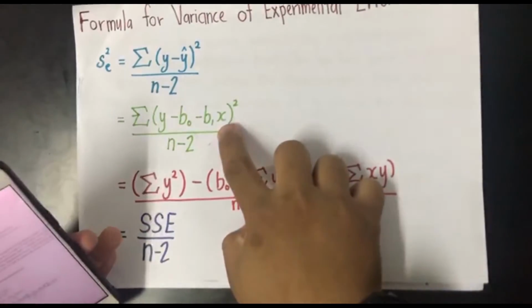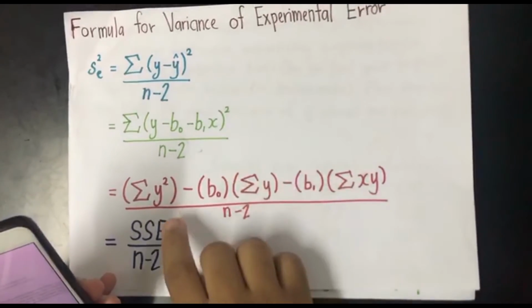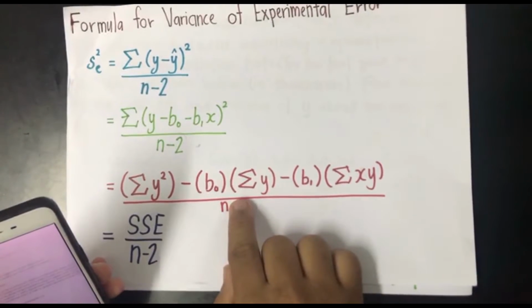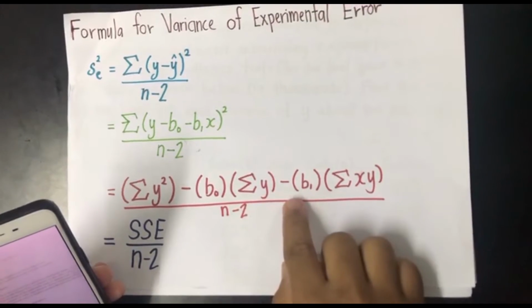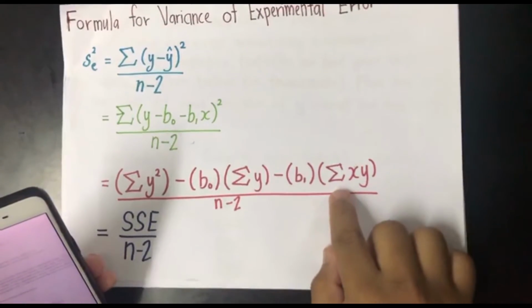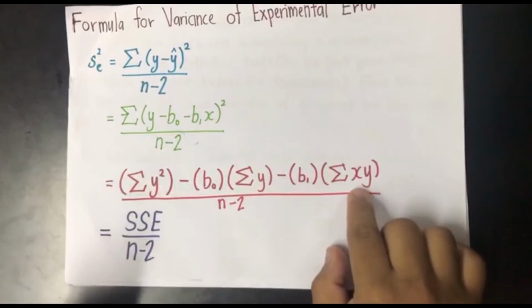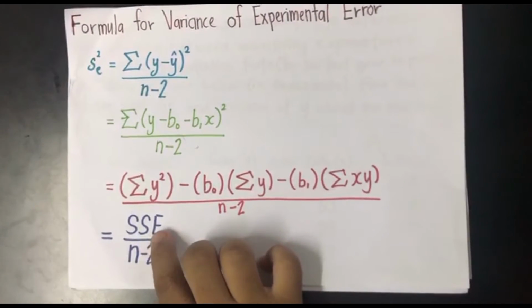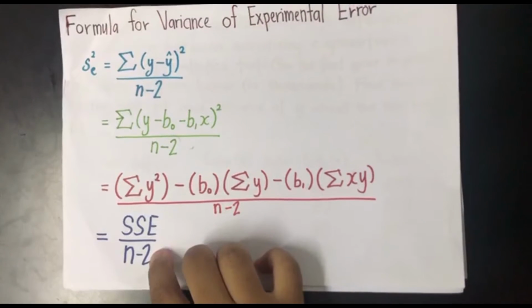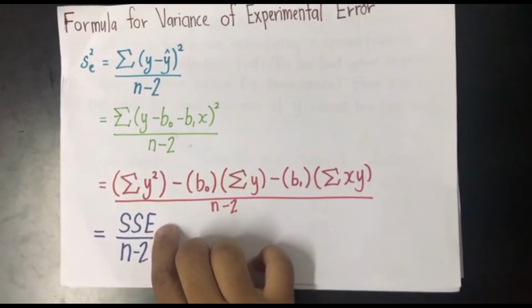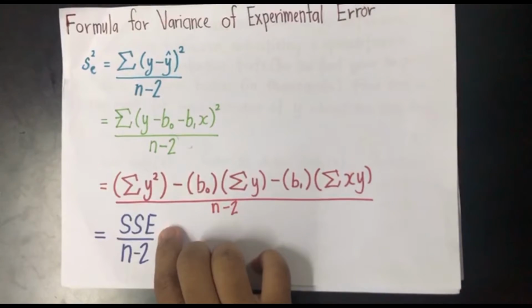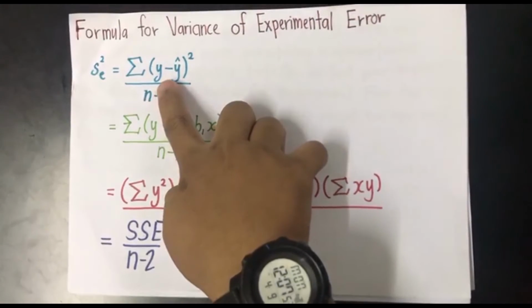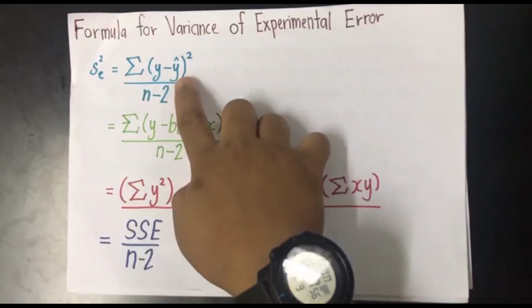As we substitute, we can get the equation: the total of y squared minus B0 times total of y minus B1 times total of xy, divided by n minus 2. And we can conclude that it is SSE over n minus 2, where SSE is the sum of squares for errors, which refers back to the total of square of y minus y hat.